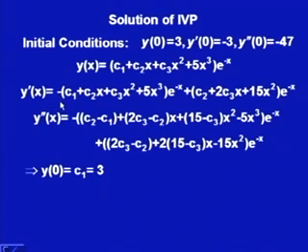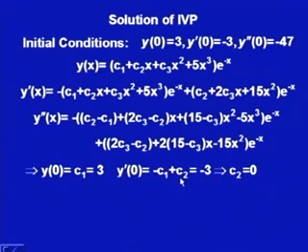What will be y dash at 0? If I put 0 in place of x in all these things, I would get from here minus C 1 and from here plus C 2. So, minus C 1 plus C 2 is equal to minus 3 as given. Since we had already found C 1 as 3, if I substitute this 3 over here, I would get C 2 is equal to 0.